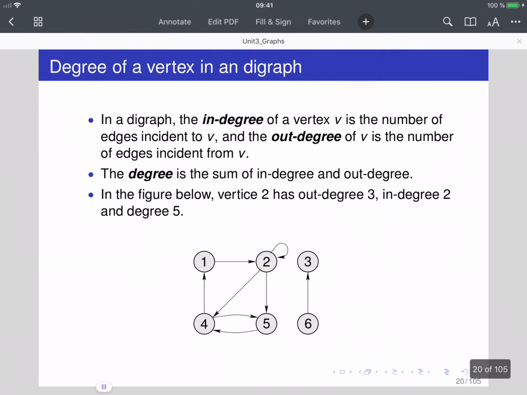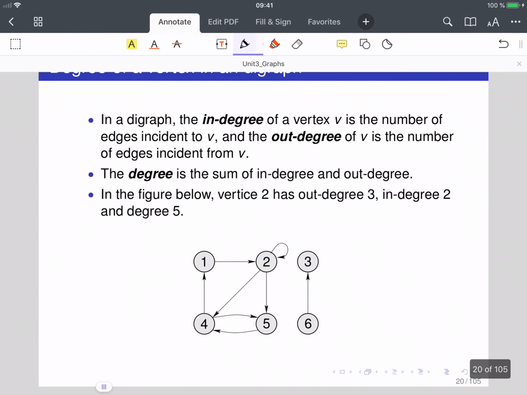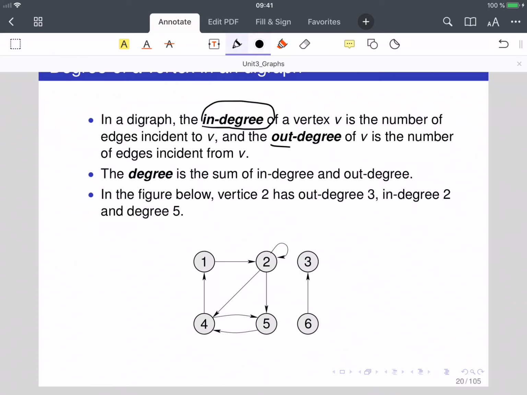In the case of a directed graph, we can define two types of degrees: the in degree and the out degree.